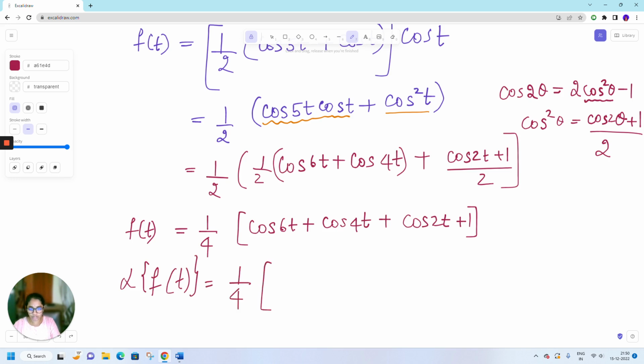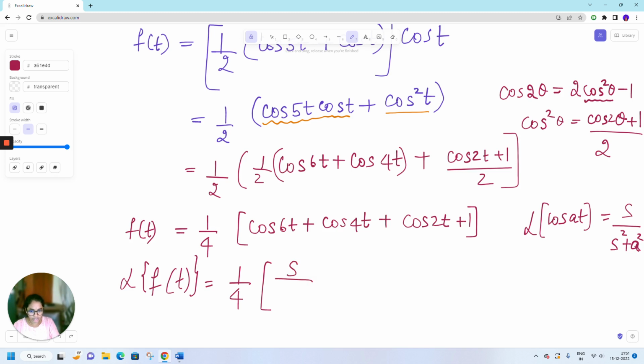What is Laplace of cos 6t? What is the Laplace of cos at formula? That is s divided by s square plus a square. Here, what do we have in place of a? I have 6.